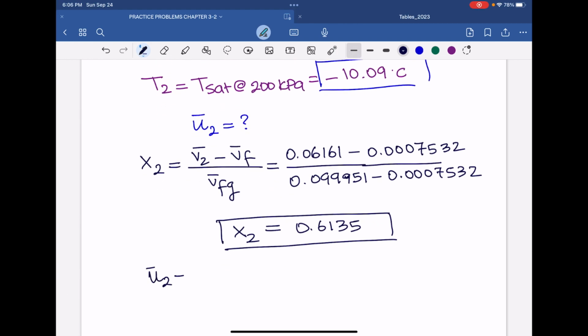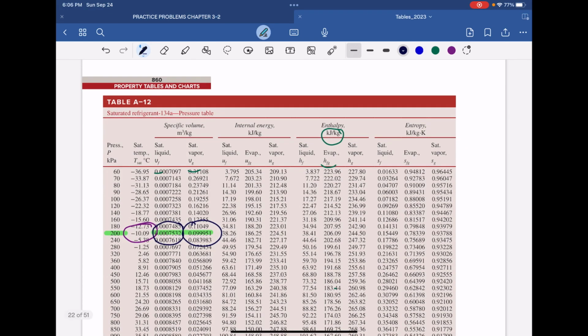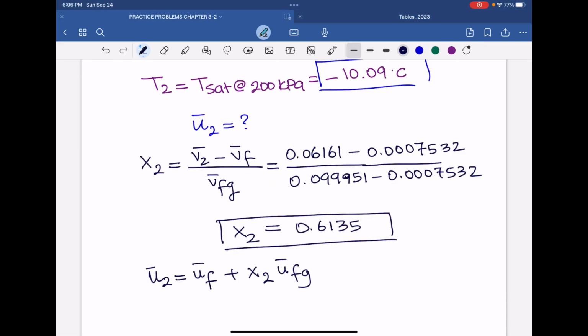Now we know the quality. I can calculate the specific internal energy using quality. And here uf and ug, you read from the same tables, right? This is uf, this is ufg. All right, you just need to plug these in. That's it.